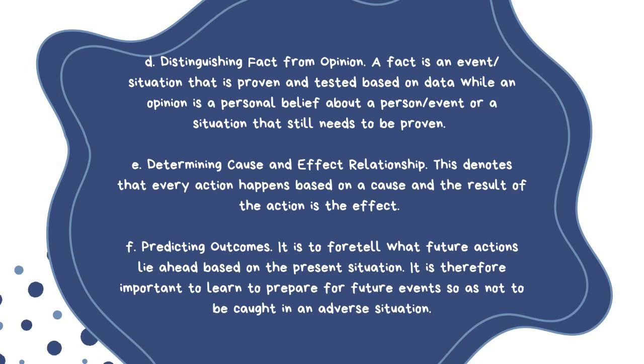By assessing the present situation, individuals can anticipate potential future developments and take proactive measures to prepare for them. For example, if someone notices dark clouds gathering and the wind picking up, they might predict that it will rain soon.